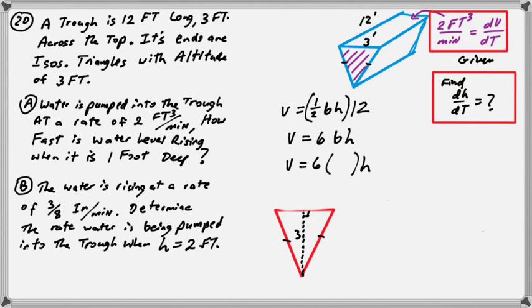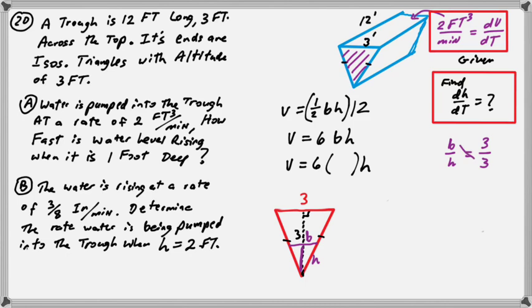Very conveniently, the base is going to be a generic base as the water level's rising, and it's going to have a generic height. Again, similar triangles. Small base to small height as big base is to big height.